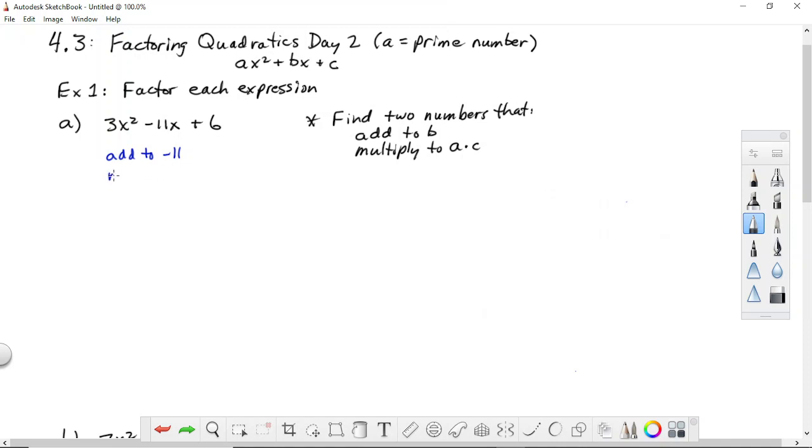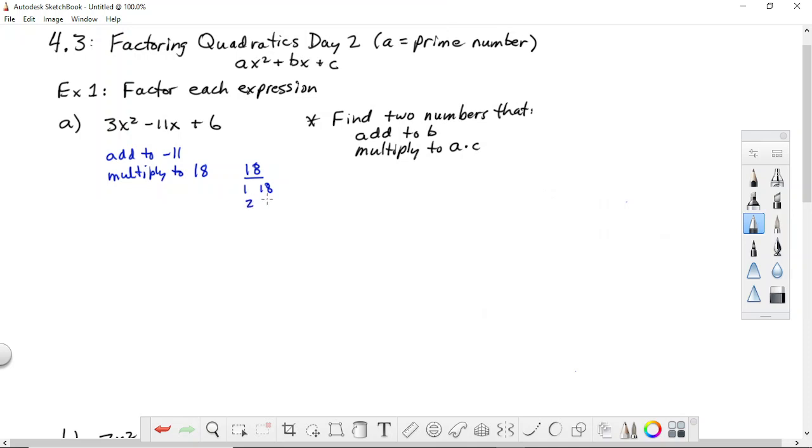And they multiply to 18, because that's a times c. Okay, 3 times 6 is 18. So we'll work on finding those numbers. So we have 18. We'll write the factors of 18, like 1 and 18, for example. 2 and 9.